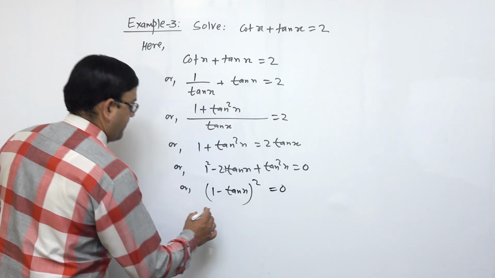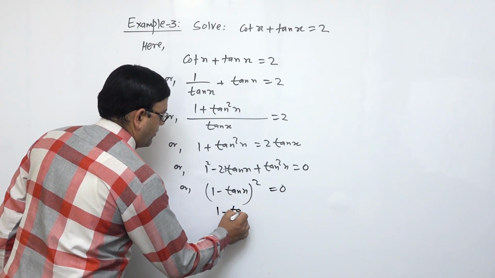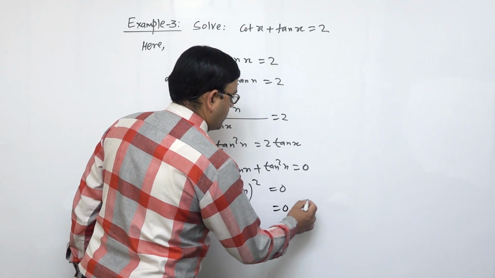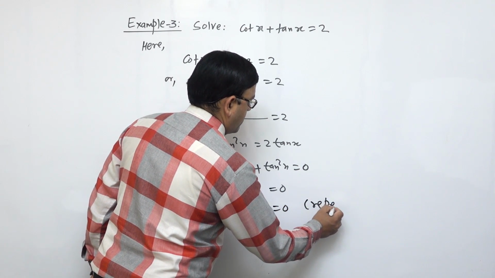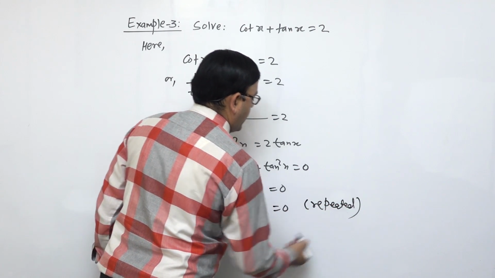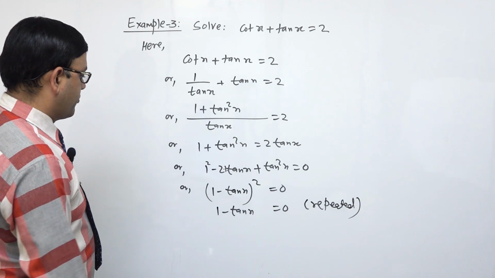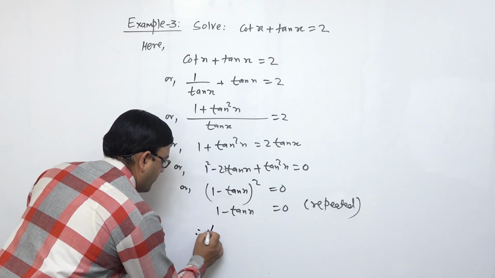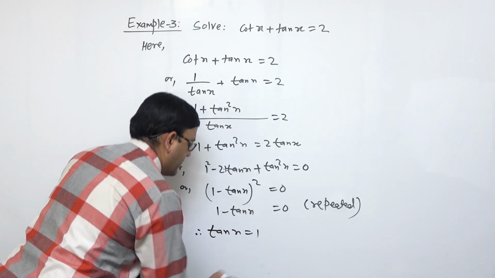So 1 minus tan x is equal to 0, because this is a repeated square. Therefore tan x is equal to 1.